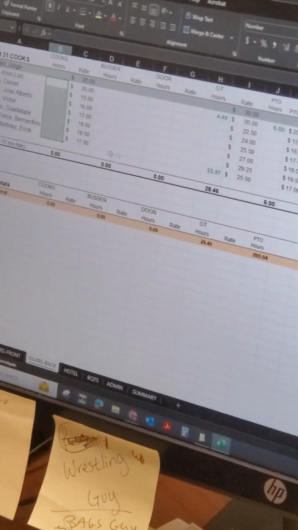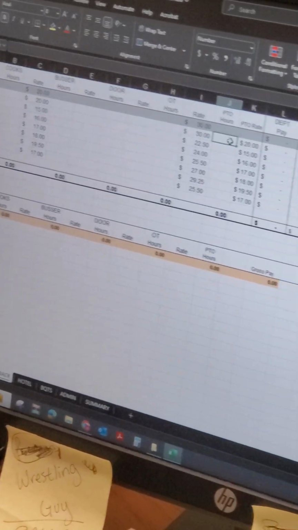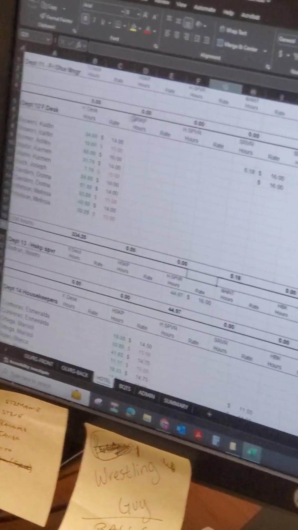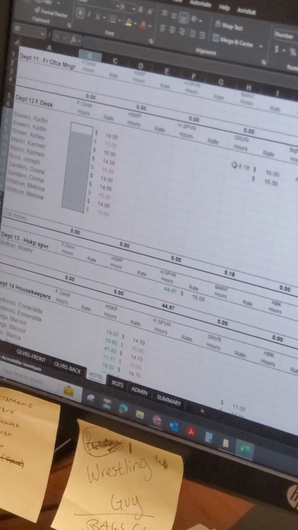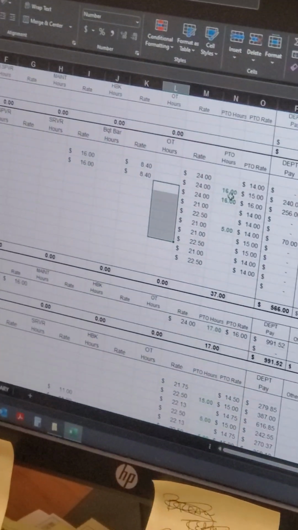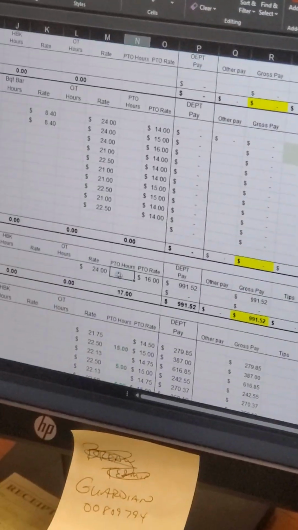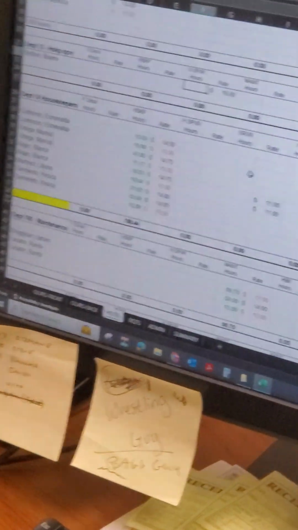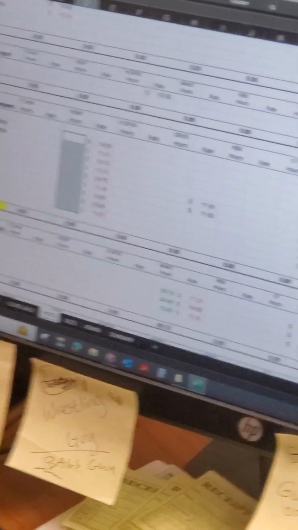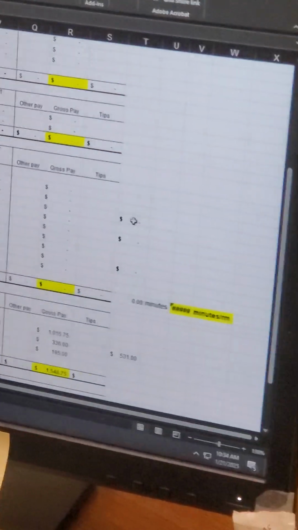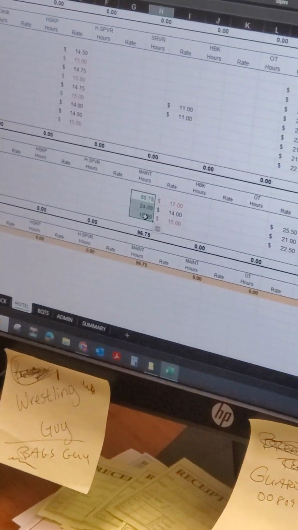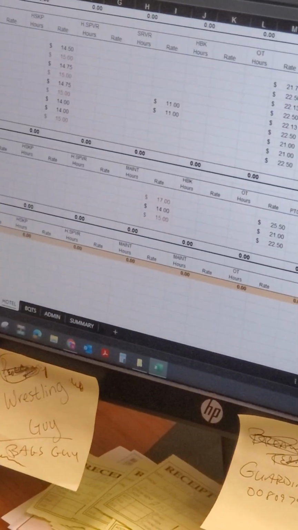Next is the cooks. 0. Next is the hotel side. 0.